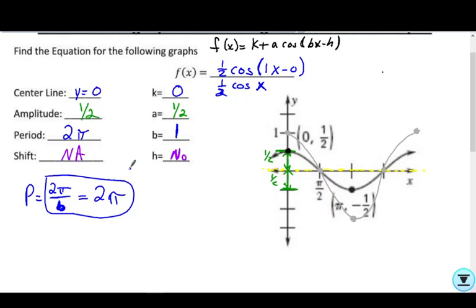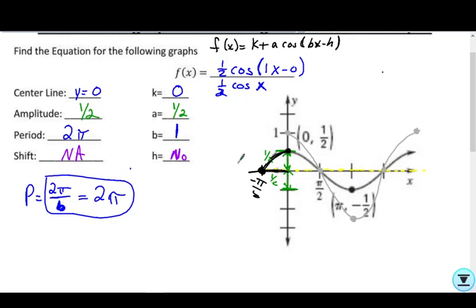If we had chosen to use sine, then we would have had a shift, because this function would have kept going and it would have hit here at negative pi over 2. If we had used sine, then our function would have had a shift. Everything else would have been identical. Our amplitude would have been the same.